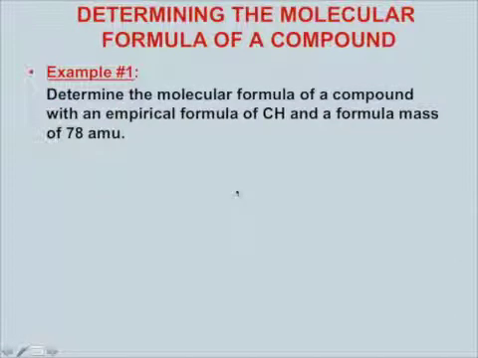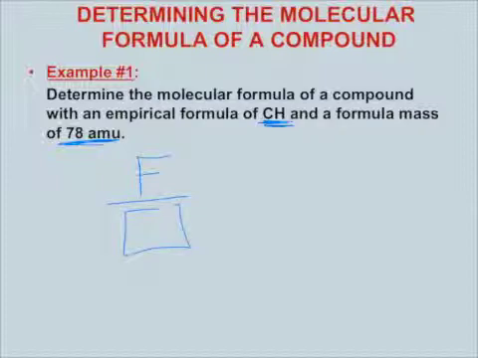Okay, so your first example, you need to find the molecular formula of a compound, and they give you the empirical formula, and they give you the formula mass. Well, you've got formula mass. What do you not have? You don't have the empirical mass, but guys, you have the empirical formula. So when I need to find my mass here, I just add up the masses of each part, like we've been doing, molar mass.